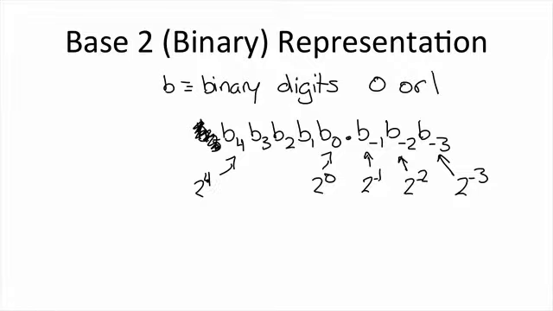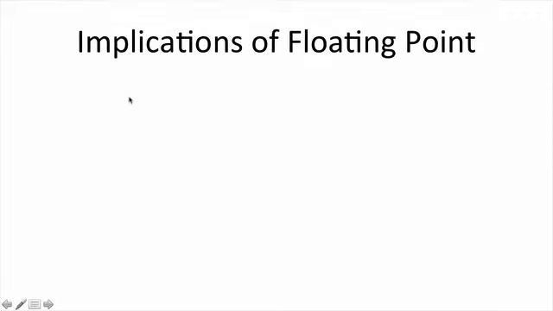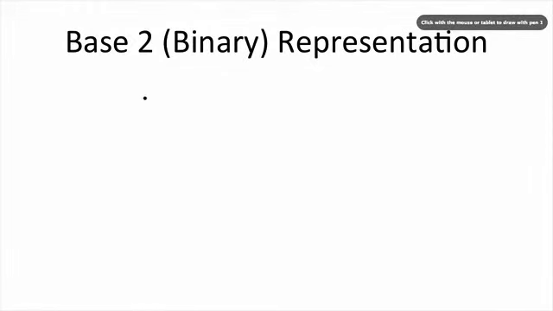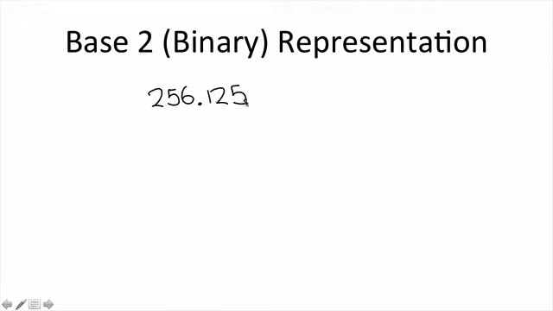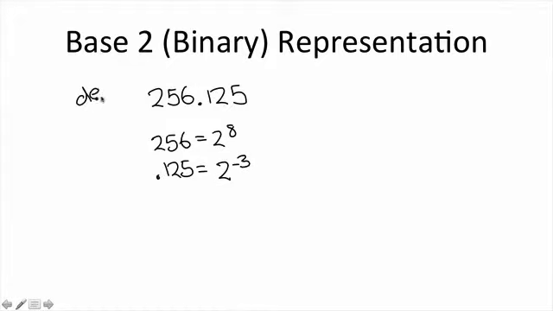Okay, so suppose that you wanted to represent the number that in decimal was written as 256.125. Well, 256 is equal to 2 to the 8th, and 0.125 is equal to 2 to the minus 3. So let me just indicate here that this is the decimal representation.